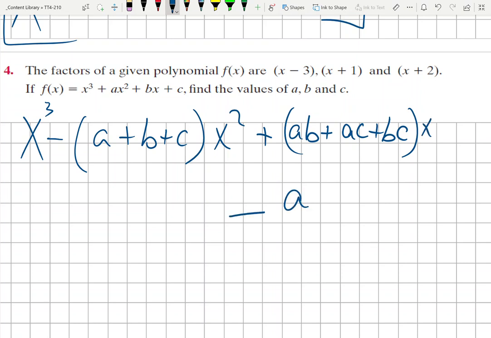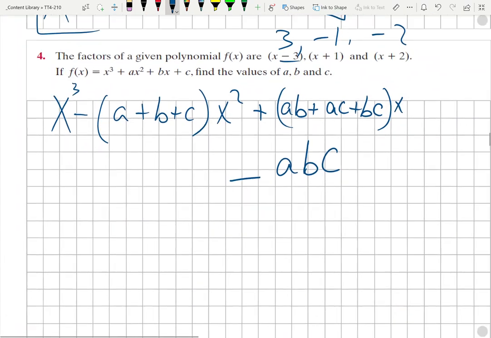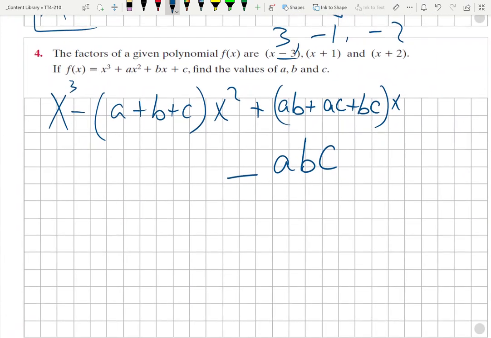So for that reason, this has a root of 3, factor theorem. This has a root of minus 1, factor theorem. This is a root of minus 2. Two negatives, we'll put them down. So the two negatives are down. The 3 is up.